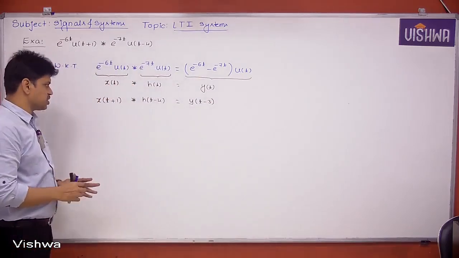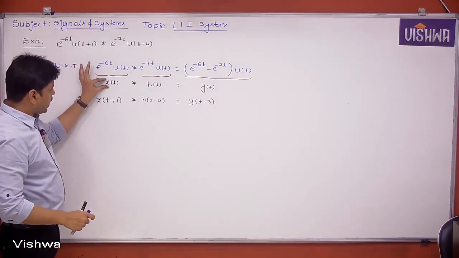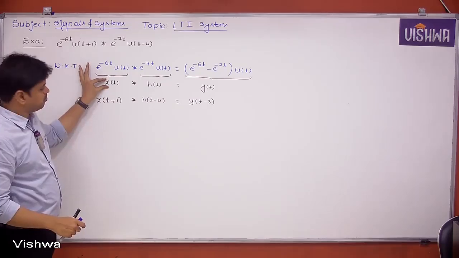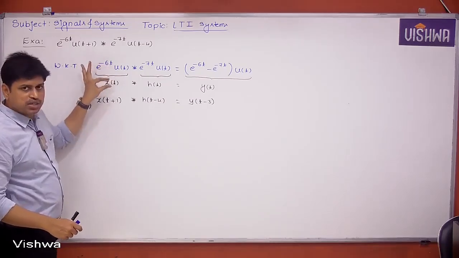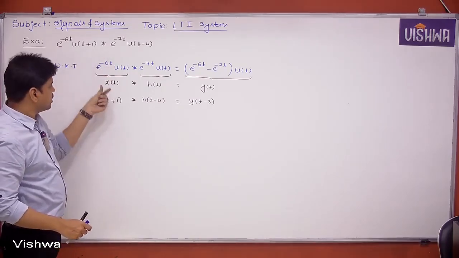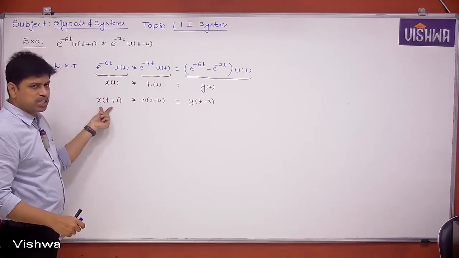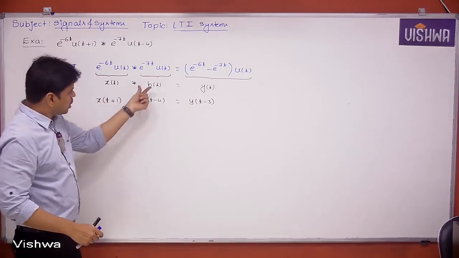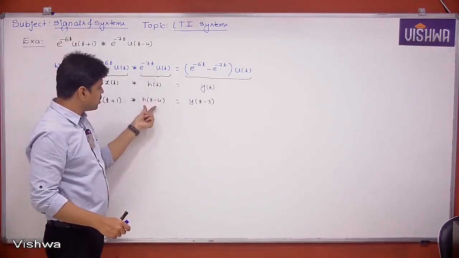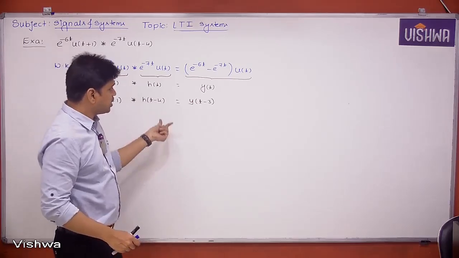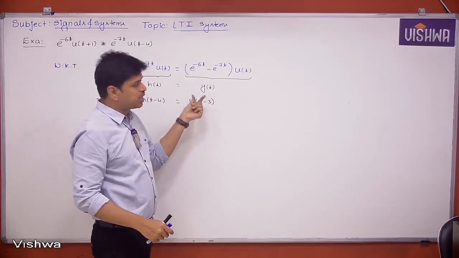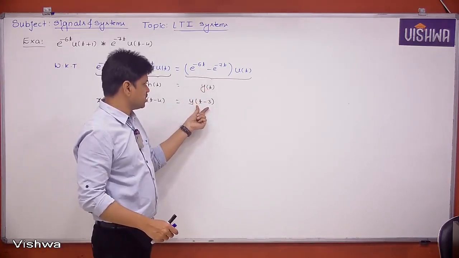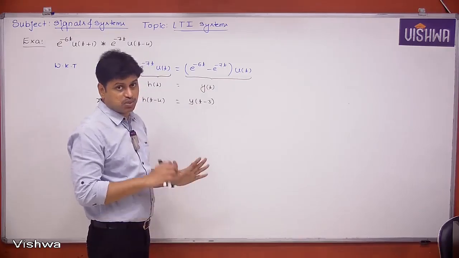So try to understand: in the x of t function, if I replace t with t plus 1, in the h of t function, if I replace t with t minus 4, then we have to replace t with t minus 3 in the y of t function. That's the meaning of it.